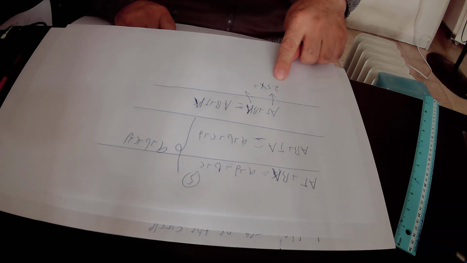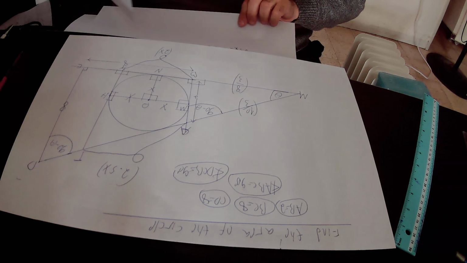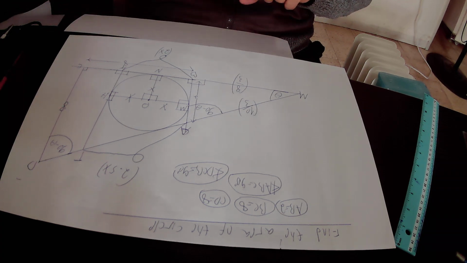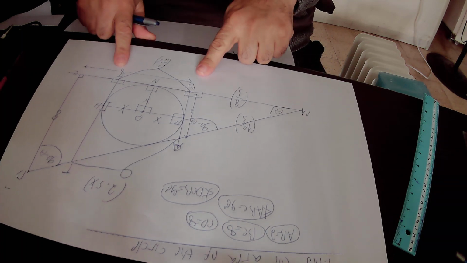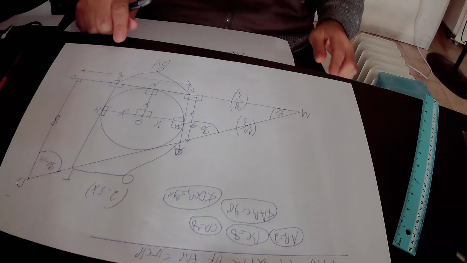AT is 2.5x. BK, what is the length of BK from the drawing here? It is very easy to see that BK equals 2x. So we substitute BK by 2x.